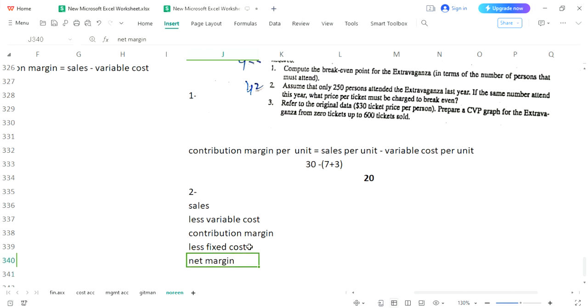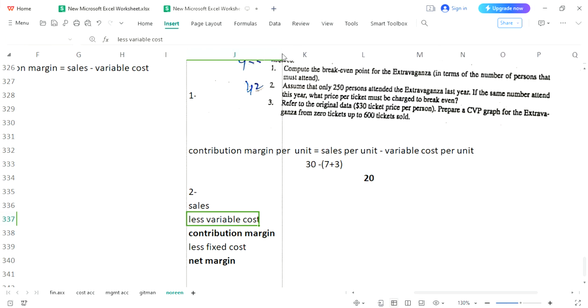Okay, have I changed anything? No, everything is written in the same way. This is the contribution margin format income statement.